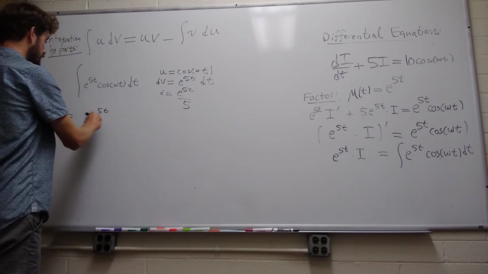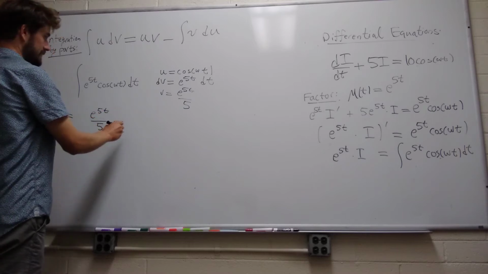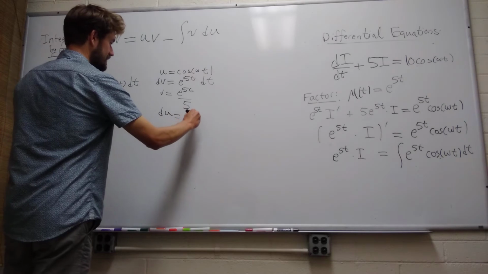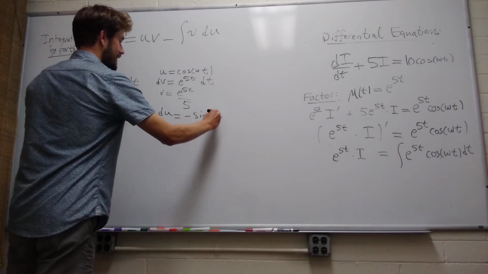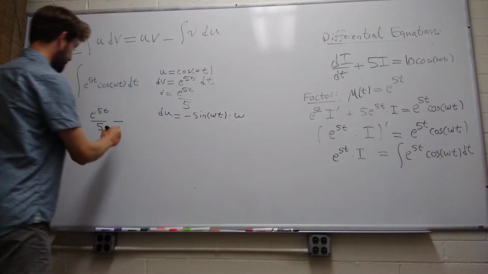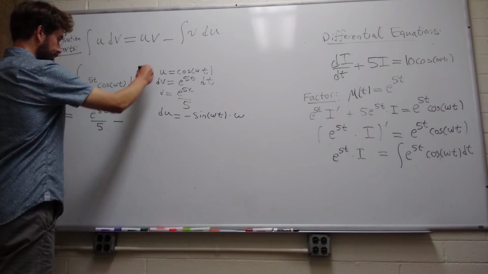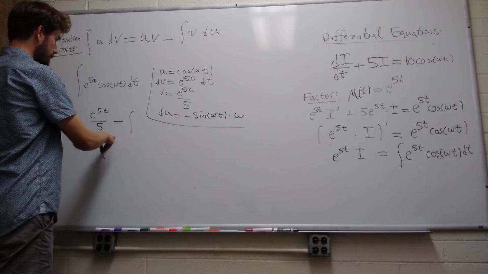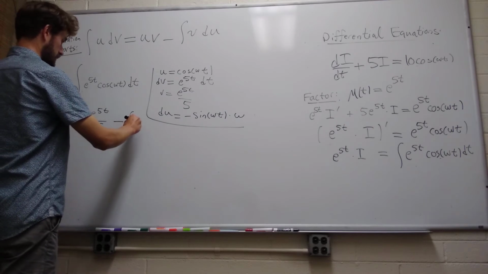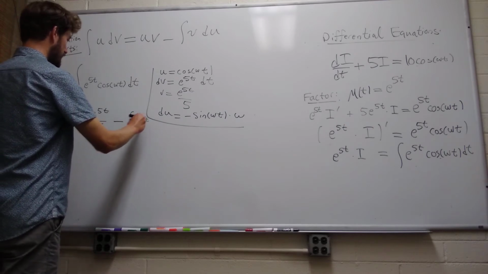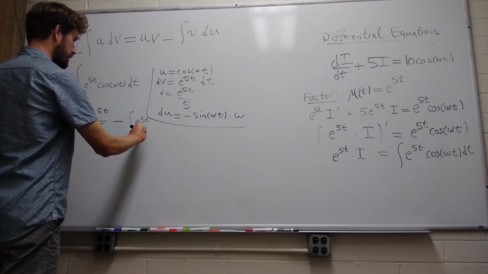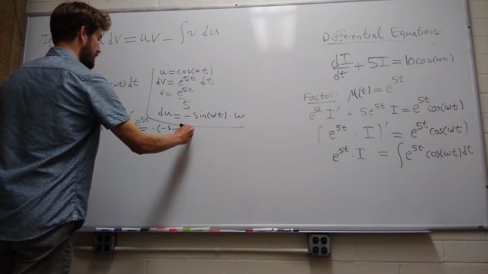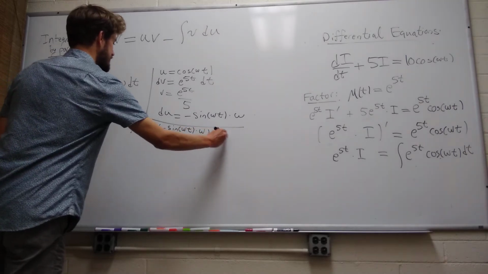e to the 5t over 5 cosine omega t minus, notice what's du? du is negative sine omega t times omega. So we end up with the following, minus e to the 5t over 5 times negative sine omega t times omega dt.